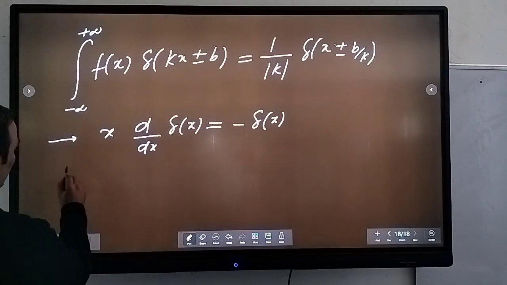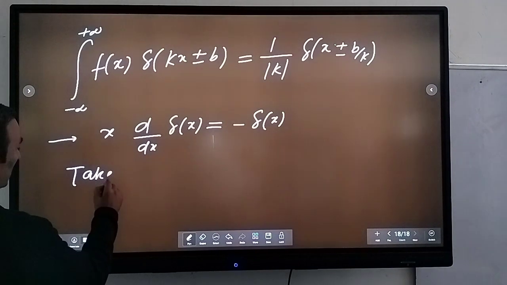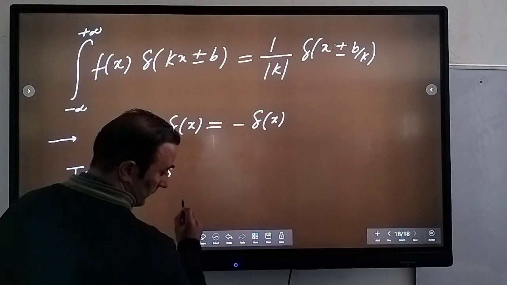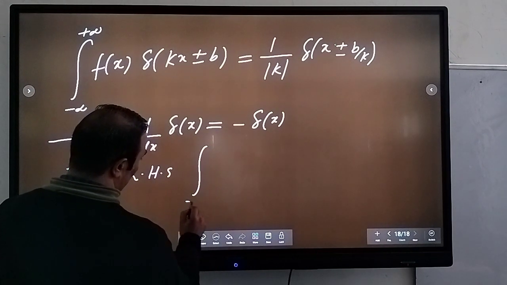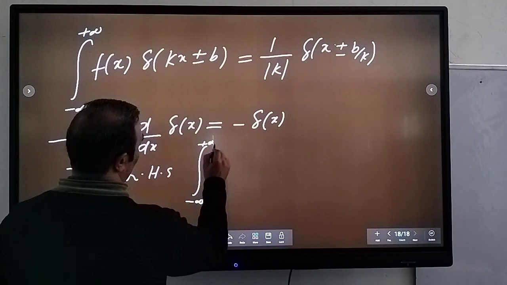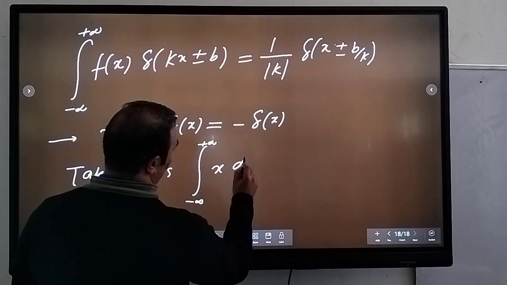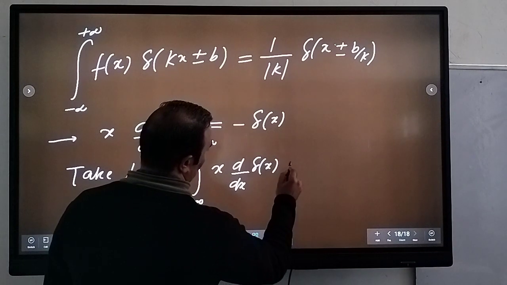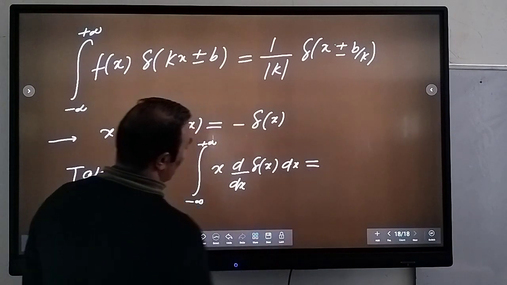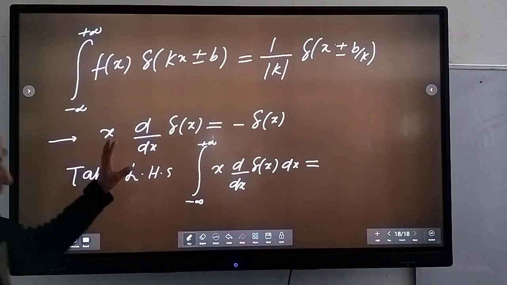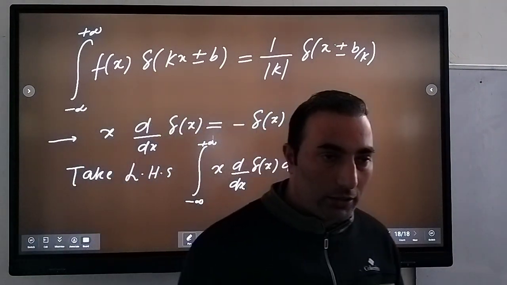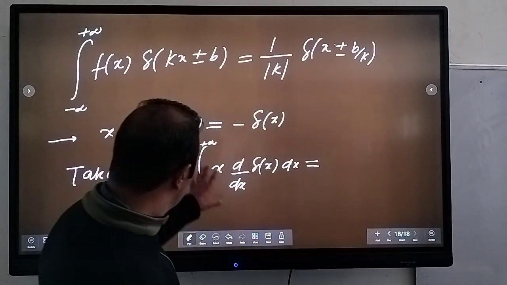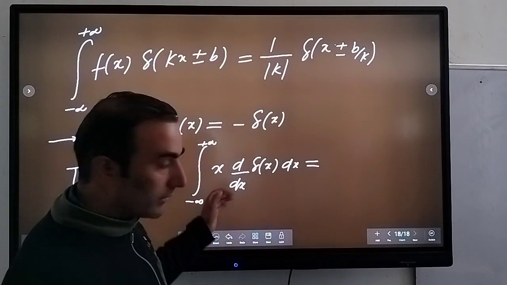So if we take the left hand side, LHS, and integrate x d by dx of delta of x, because I need to prove that x into the differentiation of the delta function should be equal to minus delta of x. So I will calculate the area under that curve.